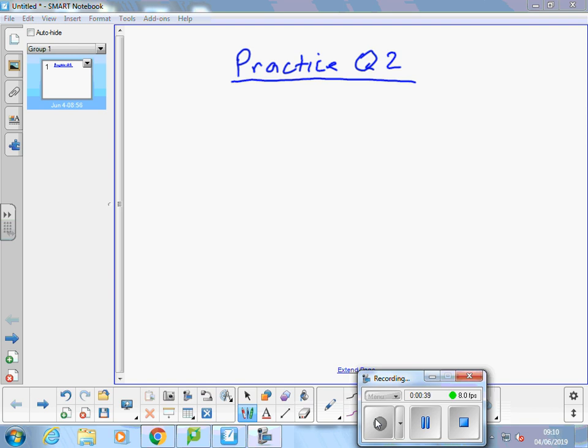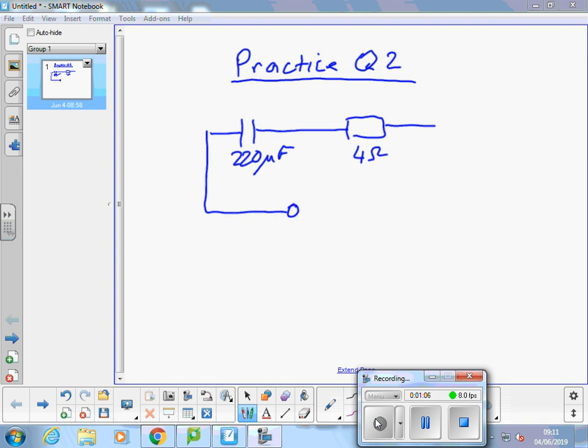So we've got a capacitor of 150 microfarads. Oh no, that's a capacitor of 220 microfarads, in series with 4 ohms, connected to a step input of 100 volts.